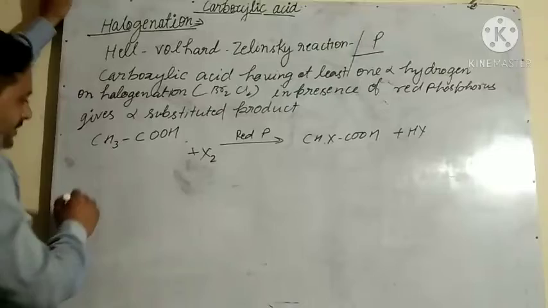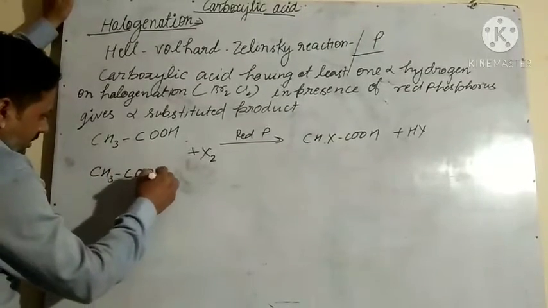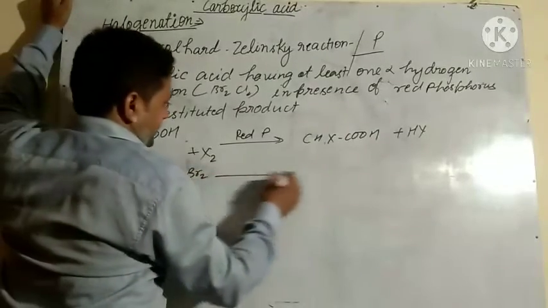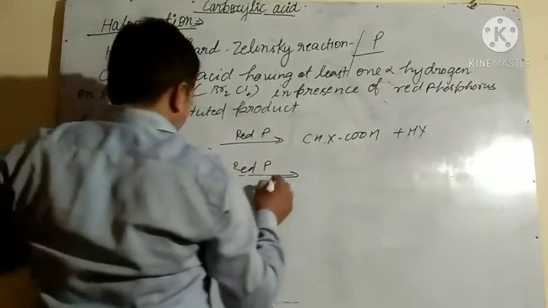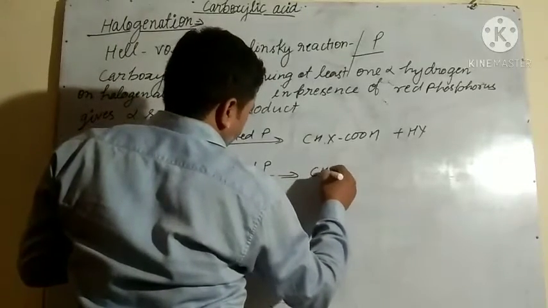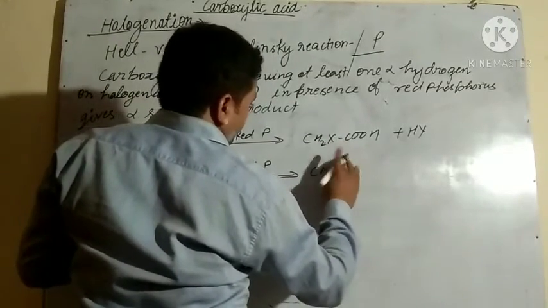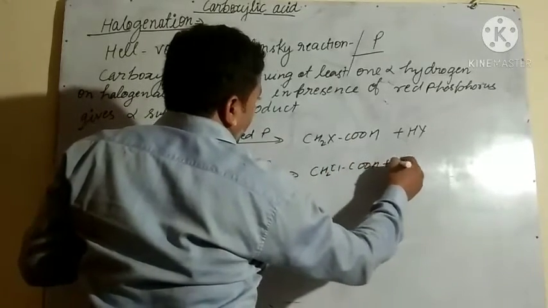So instead of this we can use CH3COOH plus Br2. In presence of red phosphorus, it will give ClCH2COOH and HCl.